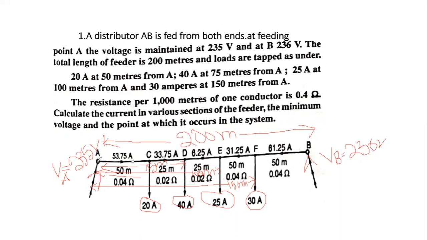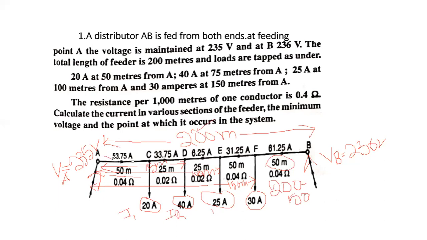The total length from A to B is 200 meters, therefore the length between F and B is 200 minus 150, the remaining 50 meters. We consider these as the I1, I2, I3, and I4 currents.